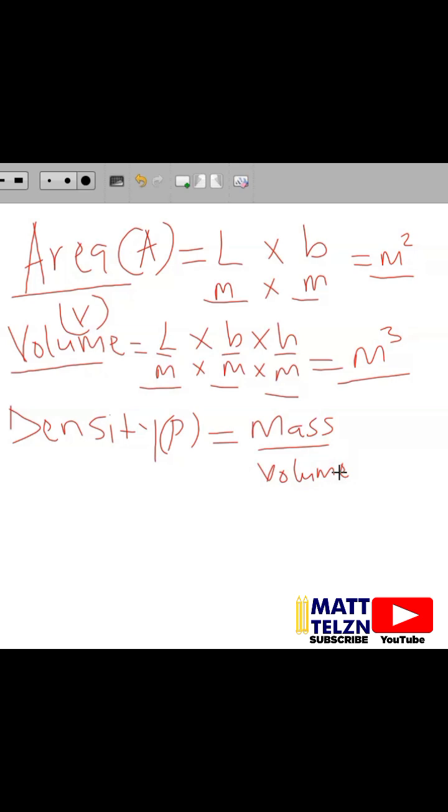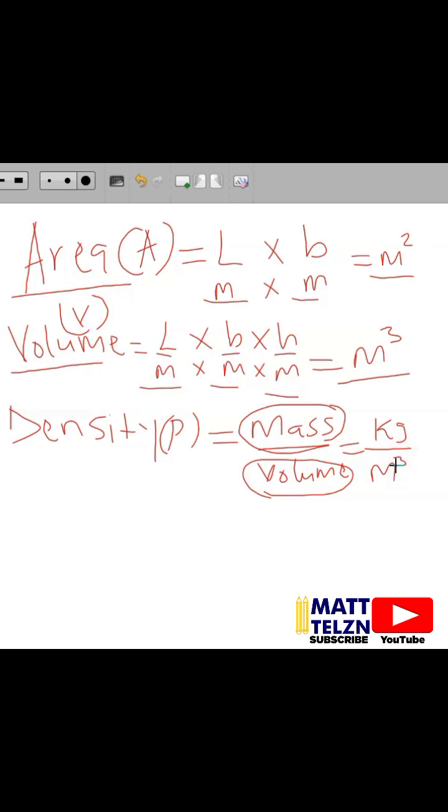We know that mass is a fundamental quantity, and volume is a derived quantity, but it resulted from a fundamental quantity. So what we have here is mass, which is kg, divided by m cube.